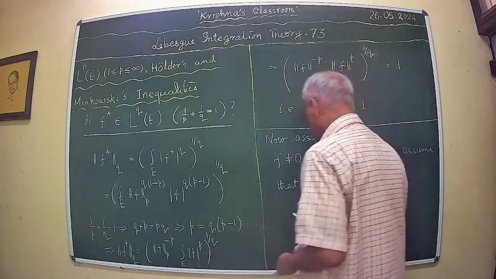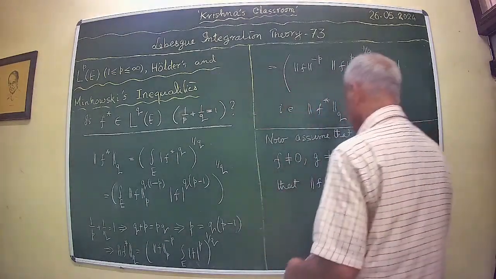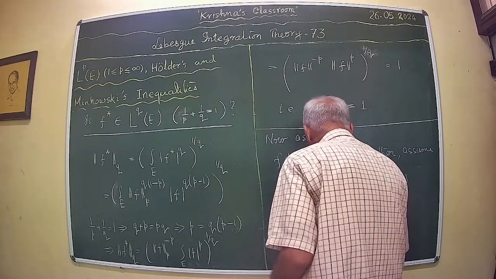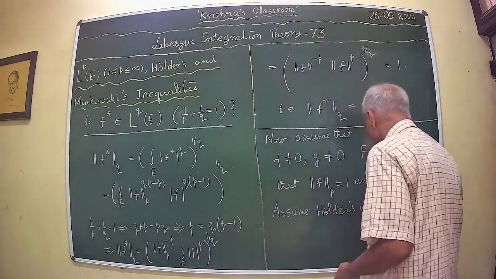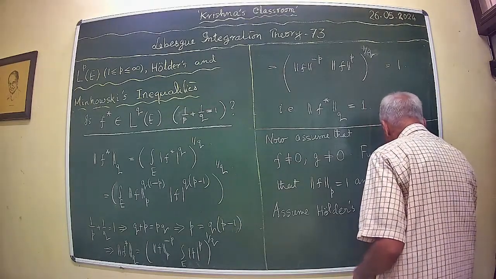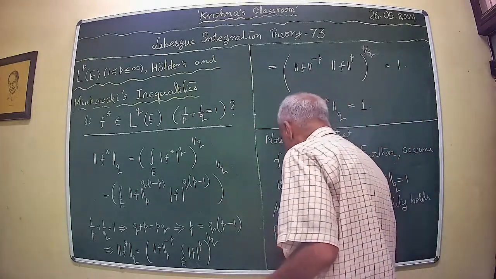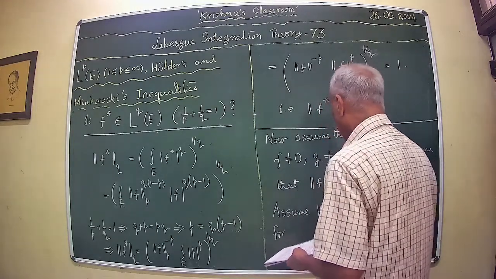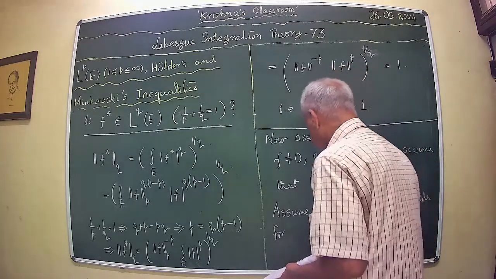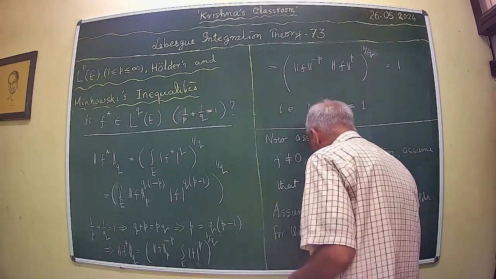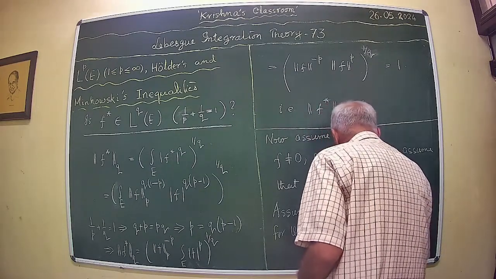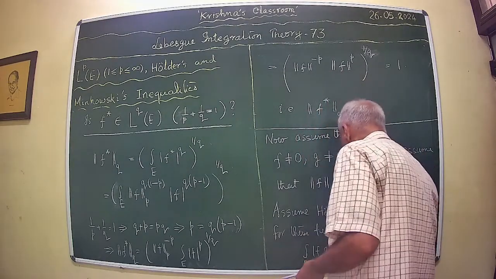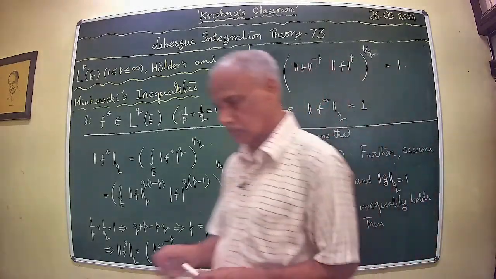Assume that for these functions, then we have the integral over E of fg less than or equal to 1. Okay.